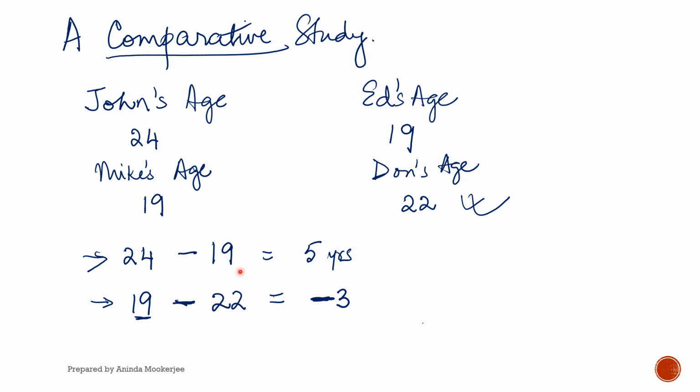And finally, if we have two values which are the same, so let's say two people both have age 25, what will the difference be? The difference is 0. And when the difference is 0, that means both values are equal.